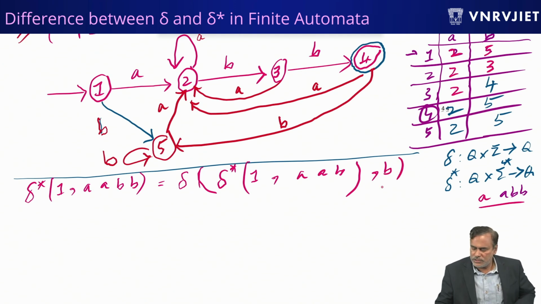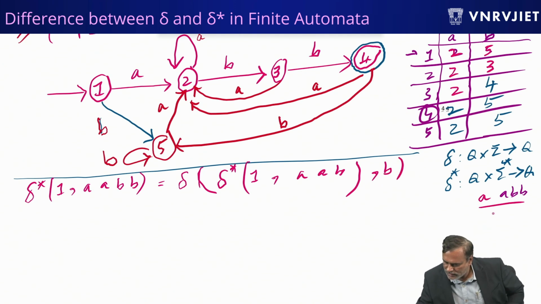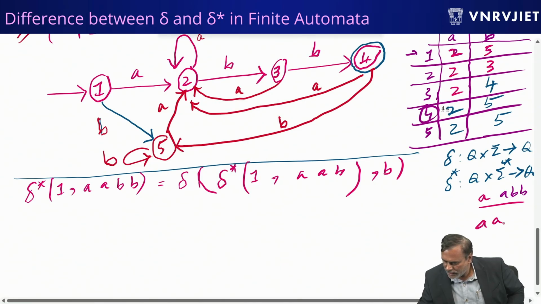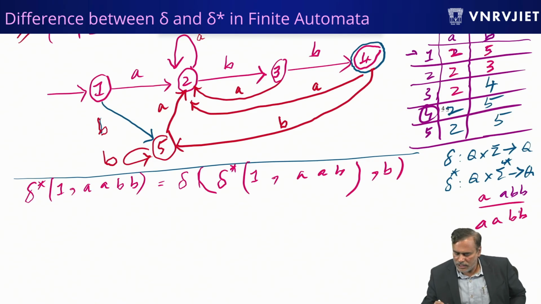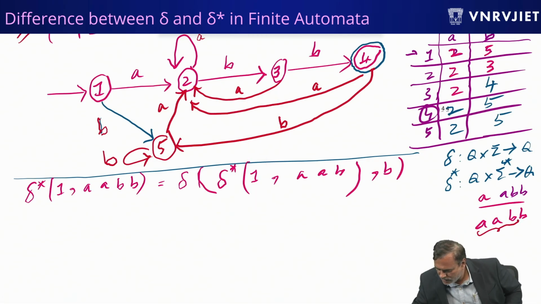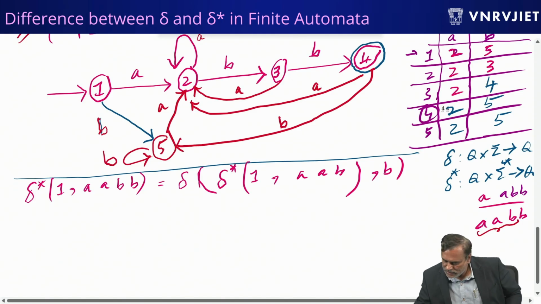So I can treat this AAB part as Y, and this last B is a single alphabet.